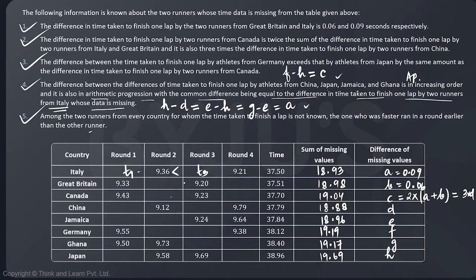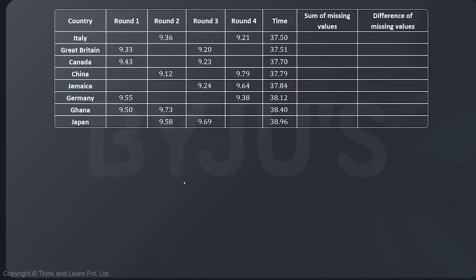So let's do one thing. Let's figure out the values of A, B, C, D, E, F, G, H, and then we will get to know the values of the missing cells for each country for the 4 rounds. So let's fill in the values. 18.93, 18.98, we have 19.04, we have 18.88, we had 18.96.